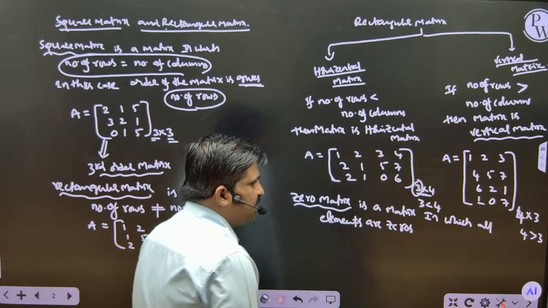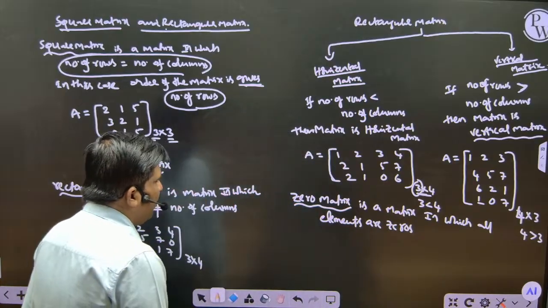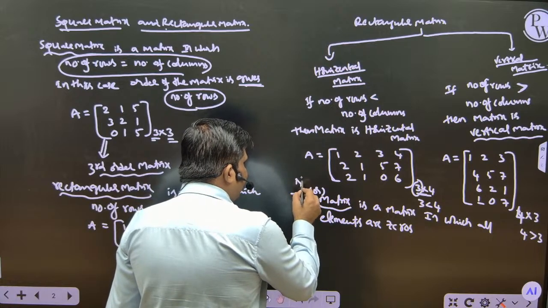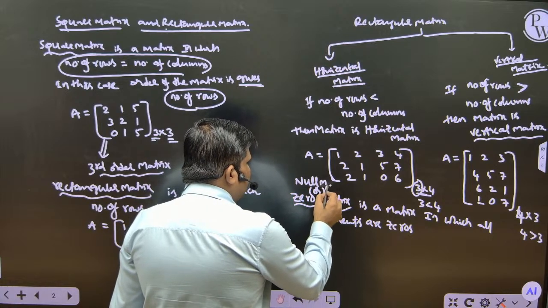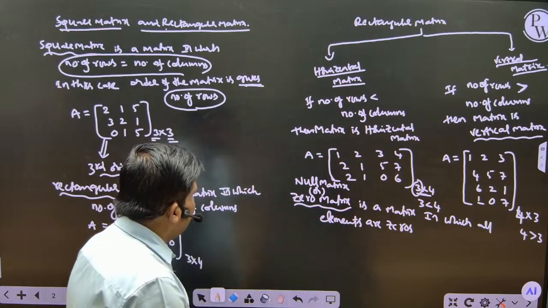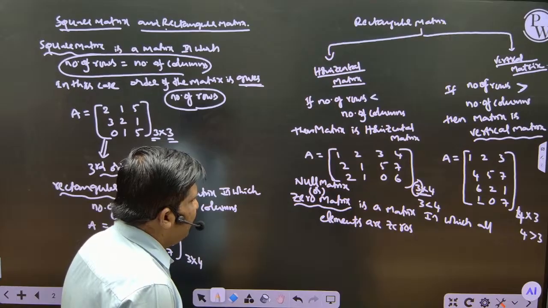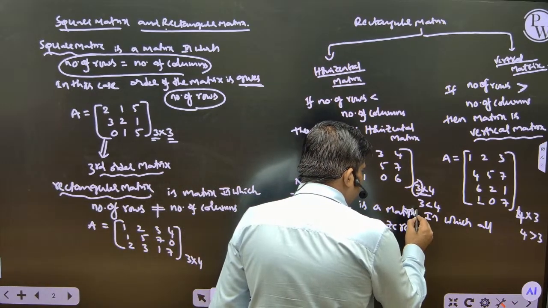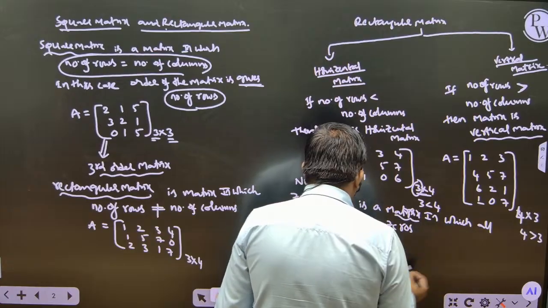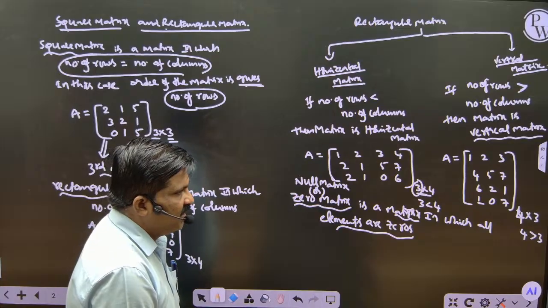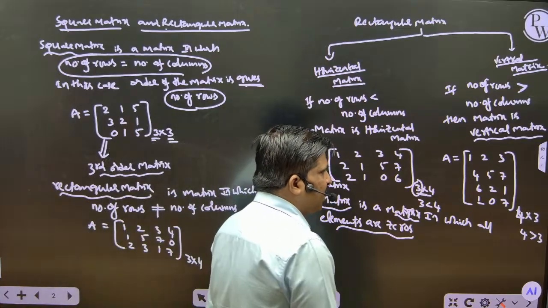This zero matrix is also called a null matrix. Zero matrix or null matrix is a matrix in which all elements are what? Zeros.